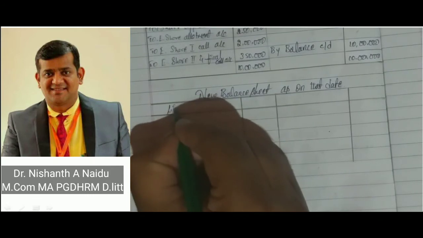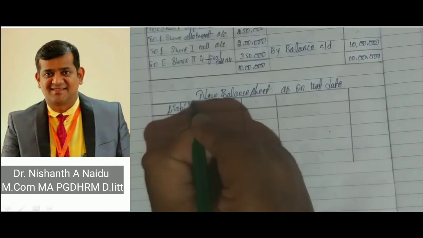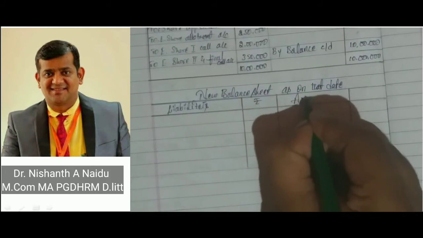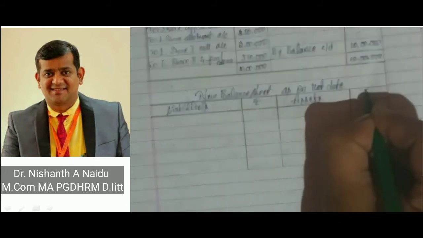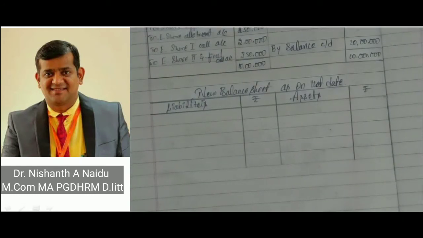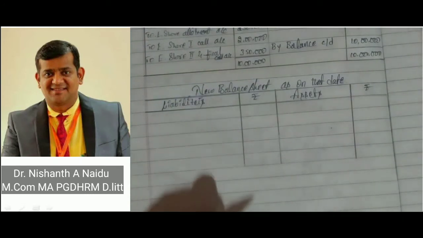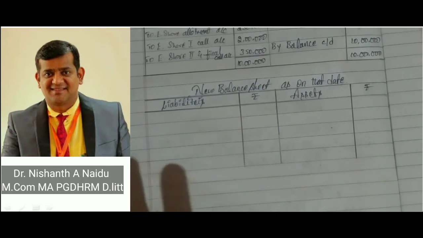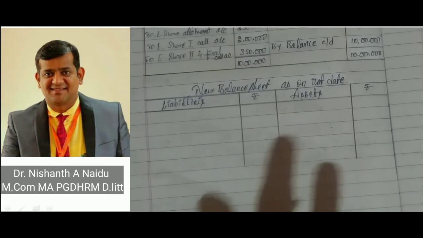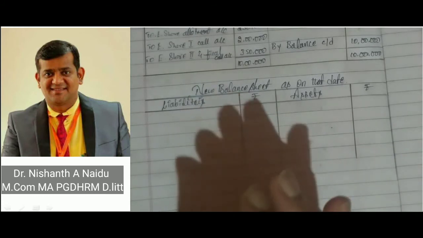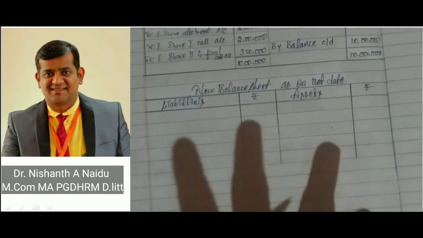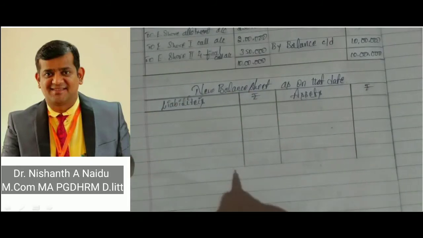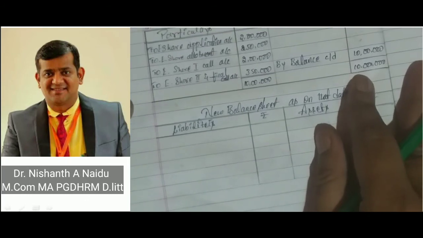So now let me give the titles, that is liabilities. Then we have rupees, then we have assets, then we have rupees again. Actually we do have authorized capital, called up capital, paid up capital and all in different sections. Since now the adjustments are limited and you are in the beginning stage, I don't want to make your problem more complicated. So let us learn with simple headings.